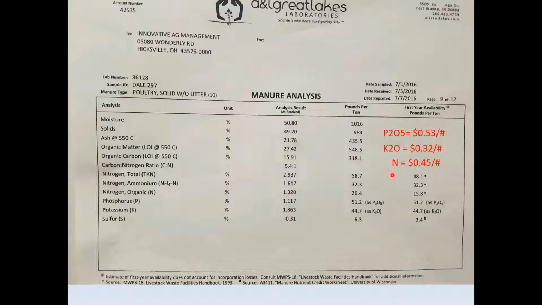Traditionally, you'll know that commercial nitrogen, I know organic nitrogen is considerably more expensive when you purchase, but traditional nitrogen is usually about 1/10 the price of corn. So if corn's $4.50, oftentimes your commercial nitrogen will be about 45 cents a pound. But in that sample that we had, P2O5, K2O, your nitrogen, the original analysis, you get an idea of what your poultry litter can be worth, or any other solid manure for that matter.